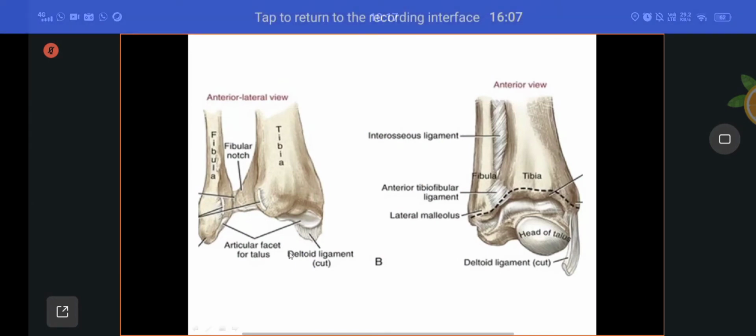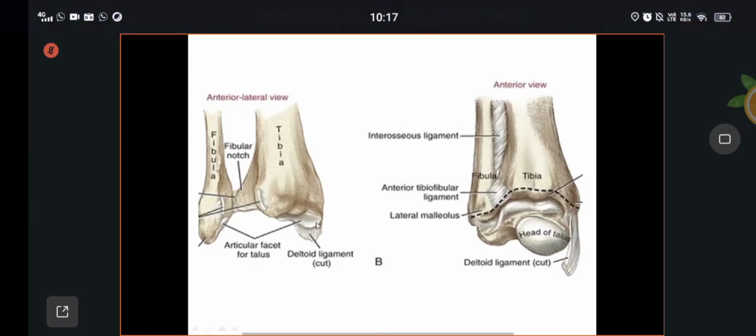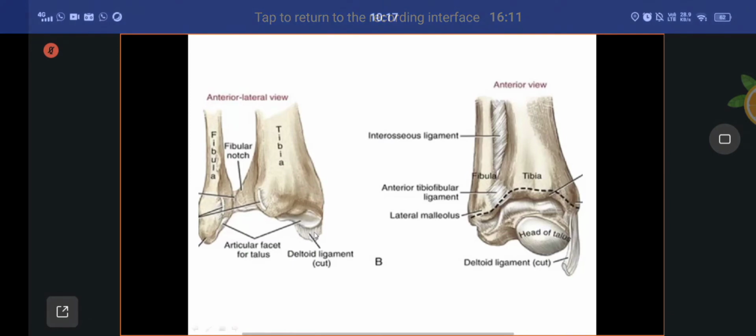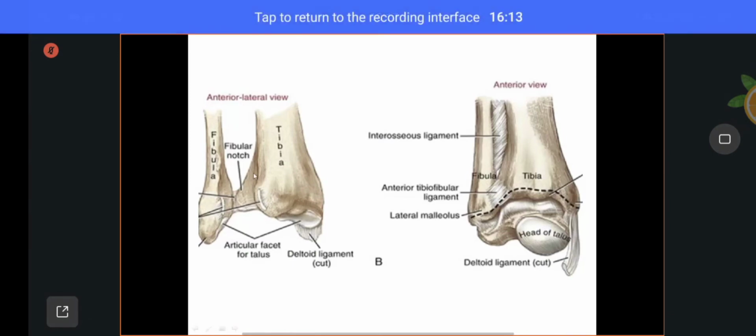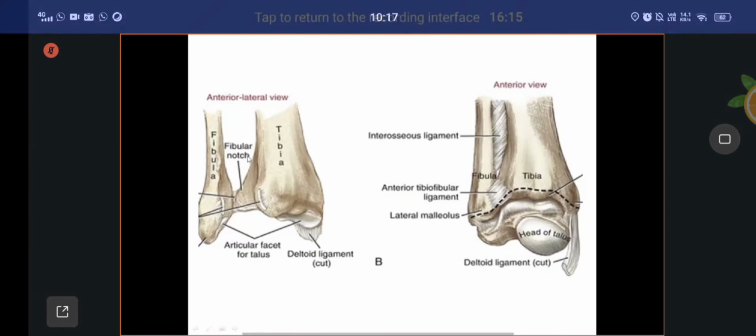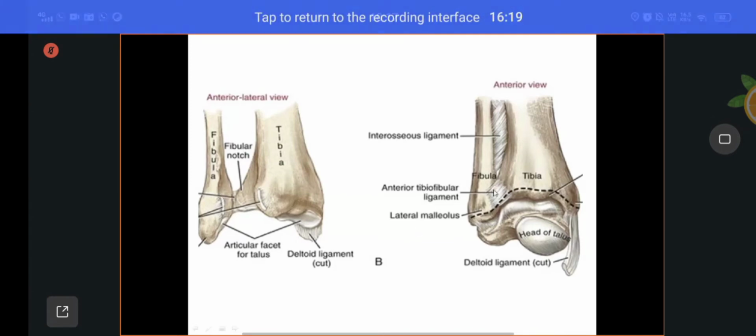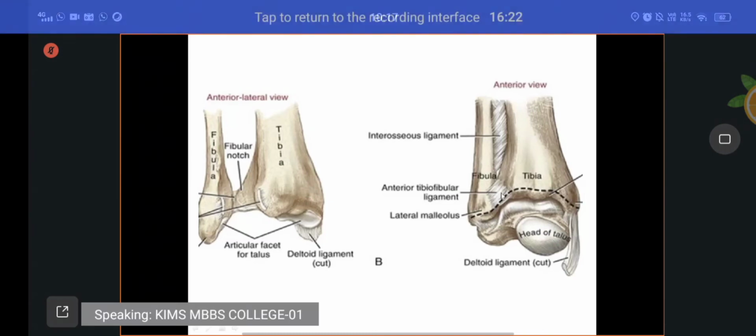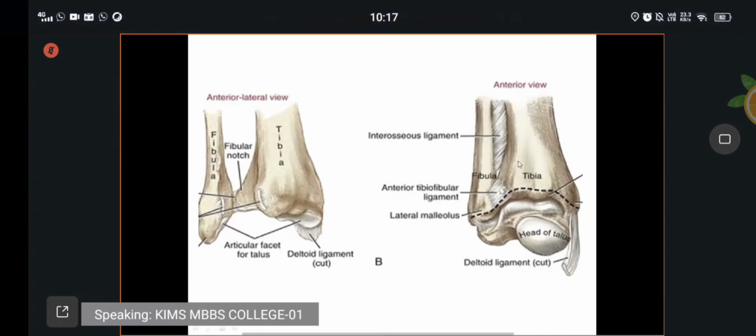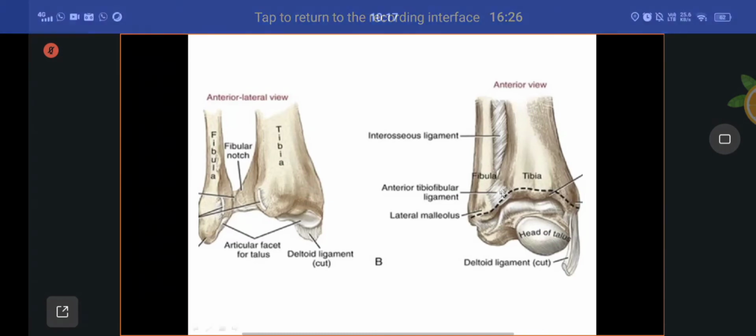In this picture, you can see this is the lower end of the tibia. This is the medial malleolus. I told you the deltoid ligament is attached to the lower end of the medial malleolus. It is the medial ligament of the ankle joint. Laterally, there is a notch called the fibular notch for the lower end of the fibula. In this picture, you can see the ligament which holds the lower end of the tibia and fibula.